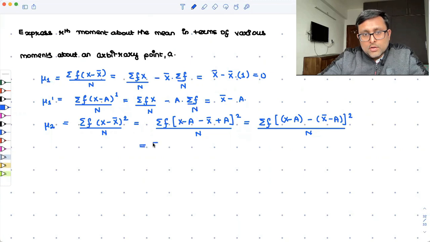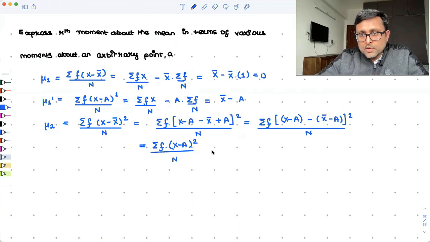So you have summation of f into x minus a whole square upon n, right? But x bar is constant, a is a constant, so this will come out of the summation sign.